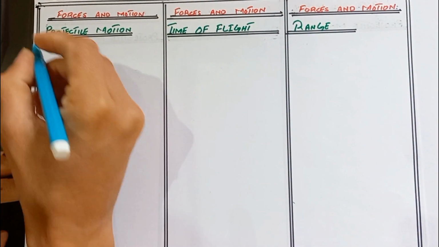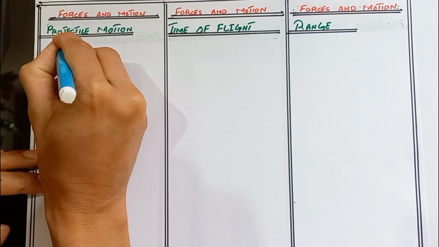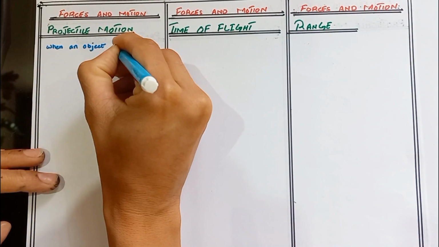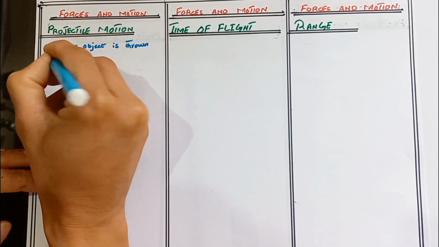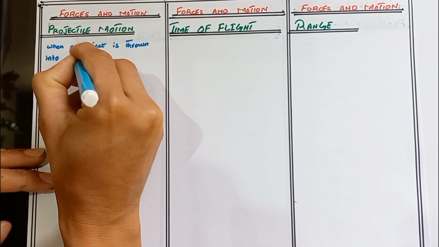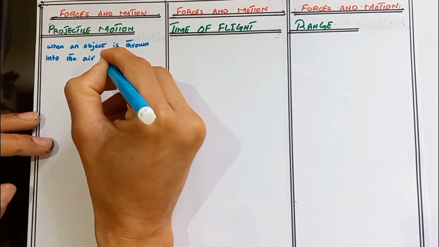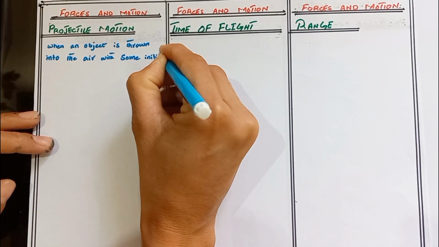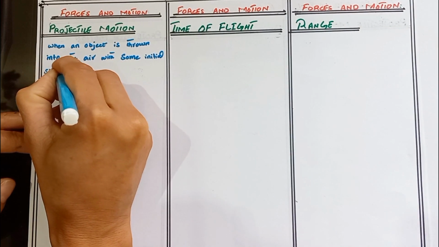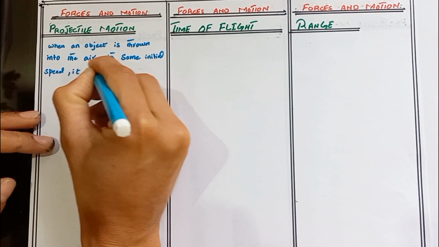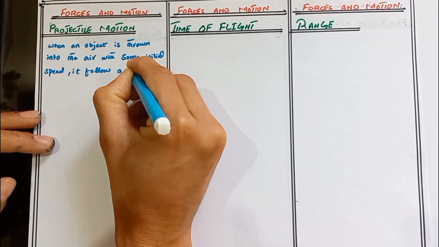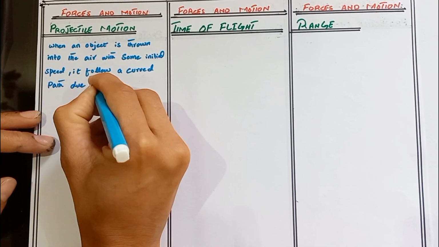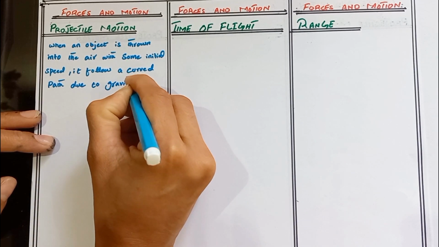First we discuss the definition. When an object is thrown into the air with some initial speed, it follows a curved path due to gravity.